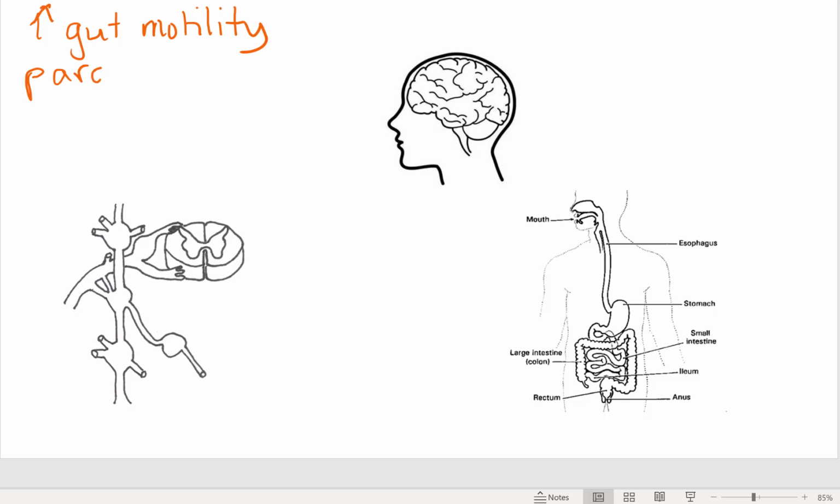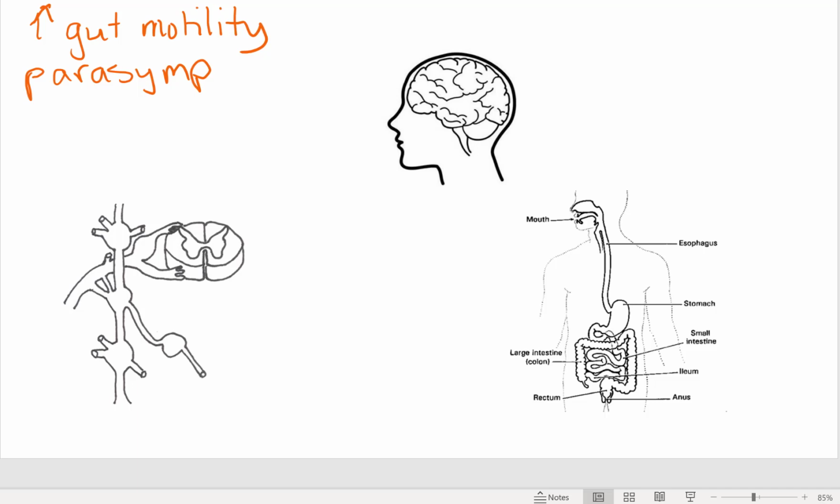And the parasympathetic division is also known as the craniosacral division, referring to the two locations where you would find preganglionic cell bodies. You would find them either in the brain for cranial nerves 3, 7, 9, or 10, or you would find them in the sacral spinal cord at levels S2, S3, S4.